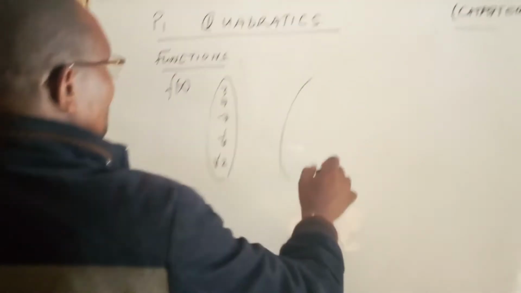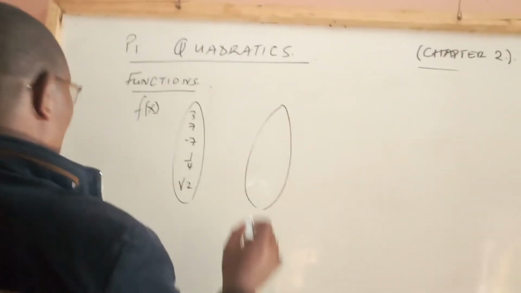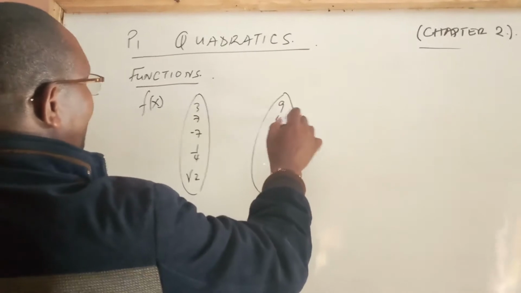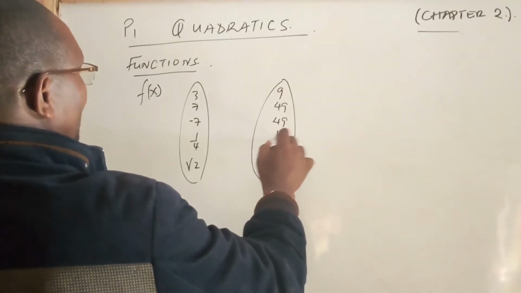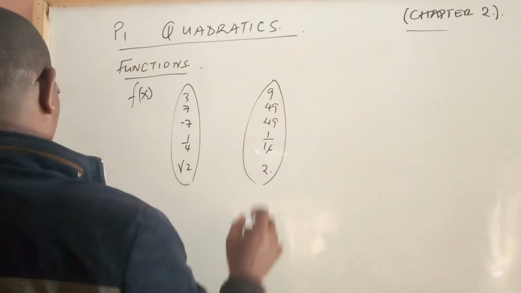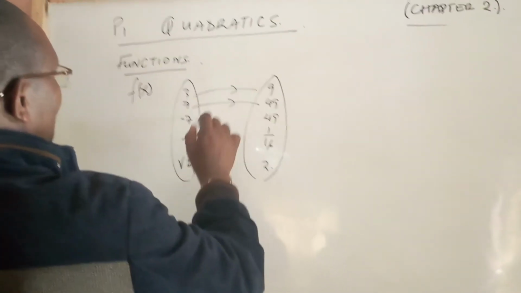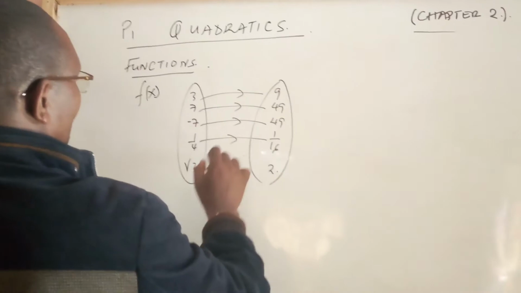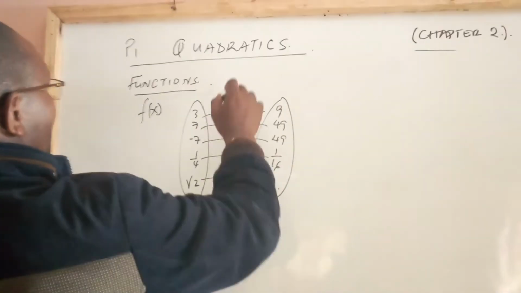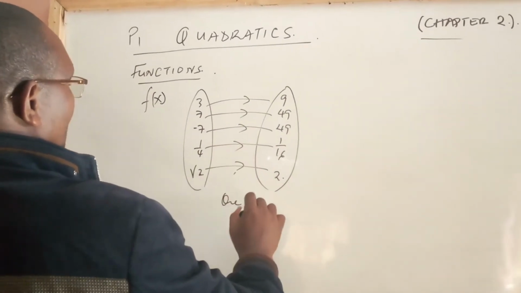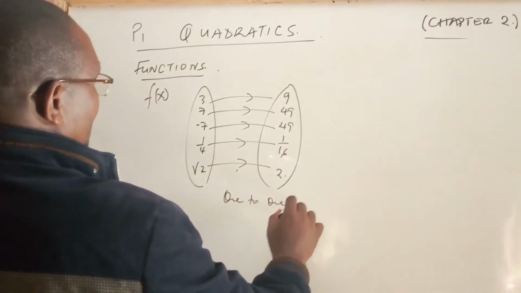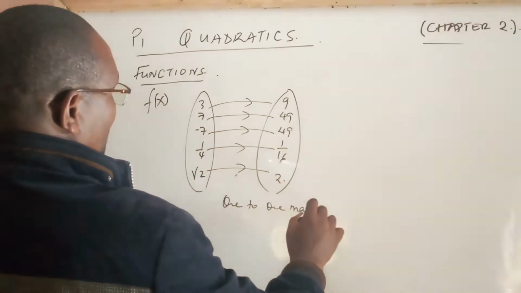It is corresponding to another diagram that has 9, 49, 49, 1 over 16, and 2. And you are told that this is corresponding to that. This is already a 1-to-1 mapping.